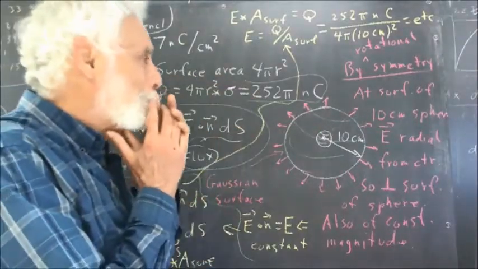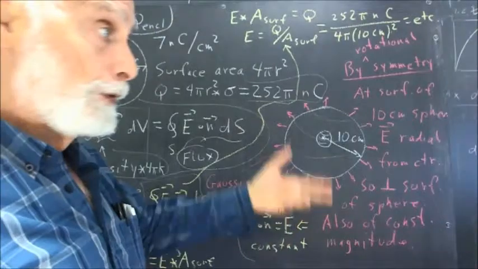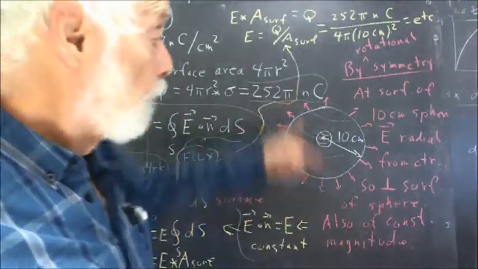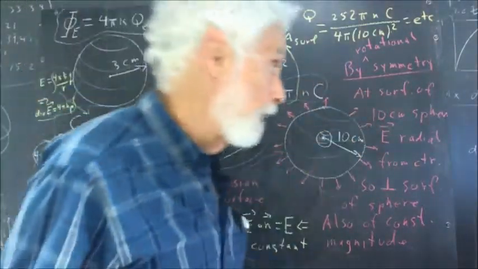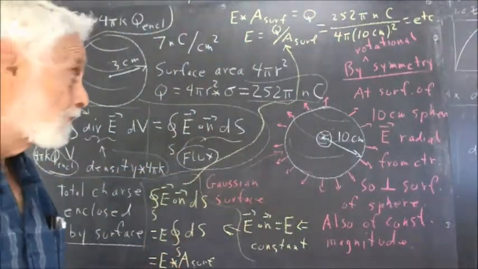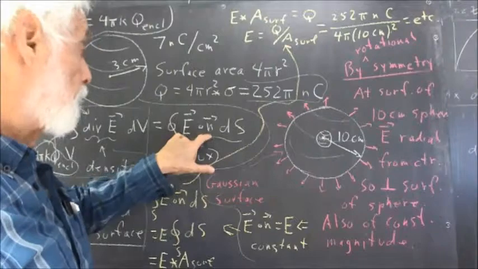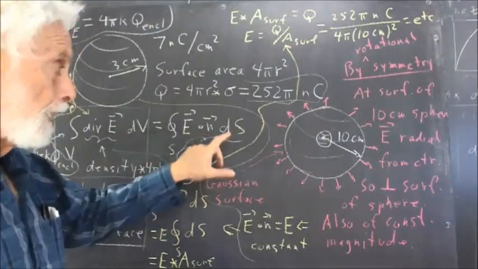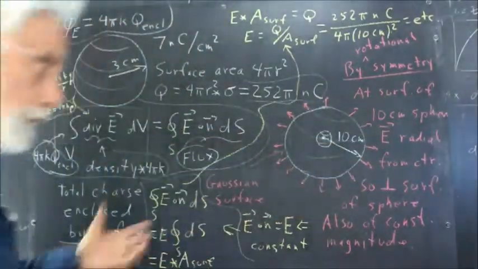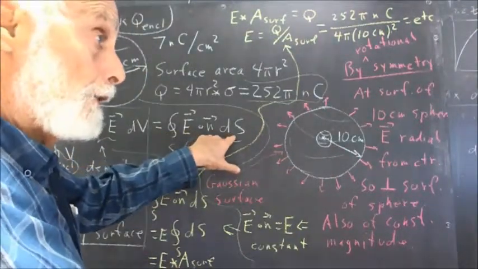If we can sketch a surface on which the electric field is known by symmetry or by some other means to be uniform in magnitude and also perpendicular to the surface, and that's going to be the case here, then in our integral of E dot n dS, since E is perpendicular to the surface, it's parallel to the normal vector, so we just get E with no vector here, and we're integrating that over the surface, and it's constant if we fulfill those conditions, one of which is, again, that E is constant. So we just multiply the electric field by the area of the surface.